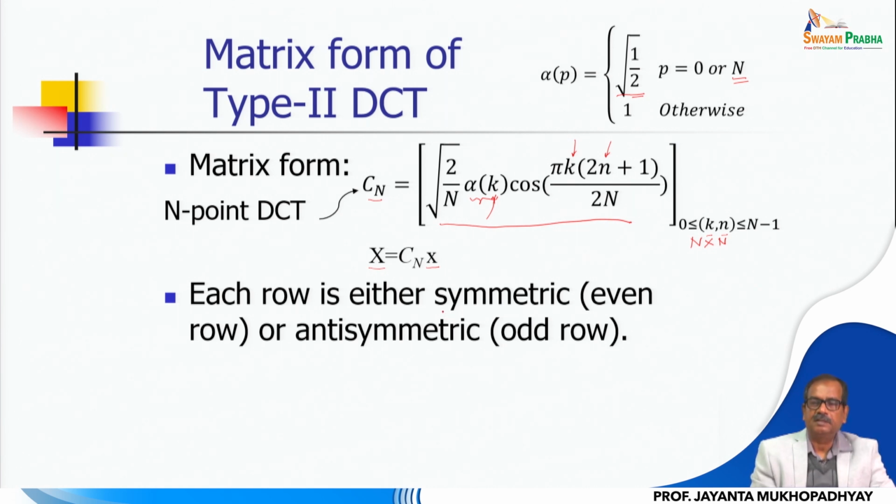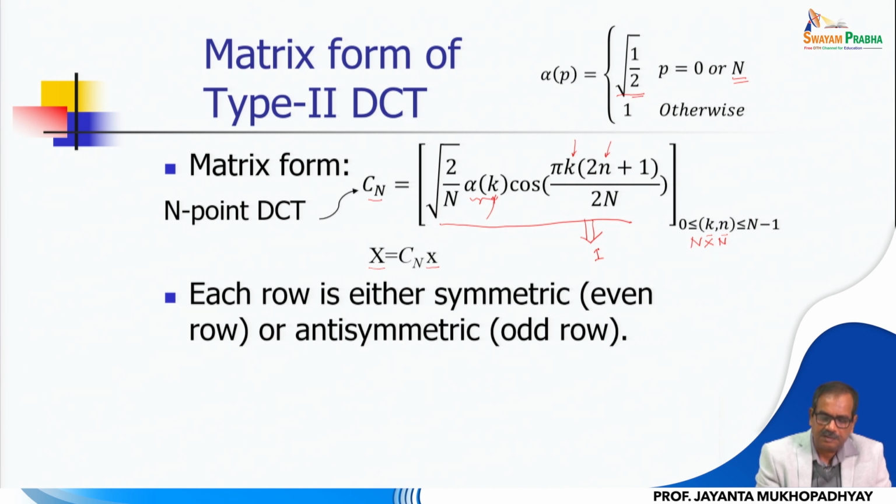Some of the properties of type 2 DCT that we can prove, and here I will simply state them. One of the properties is that if we look at the rows of the discrete cosine transform, they are either symmetric, that means even rows, or antisymmetric, and it alternates. Even if we consider the first row, as you see, k is 0, which means all these terms with k equal to 0 are equal to 1 because cos of 0 is 1.